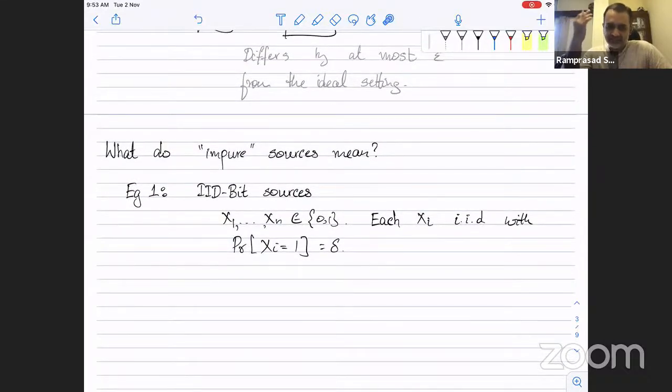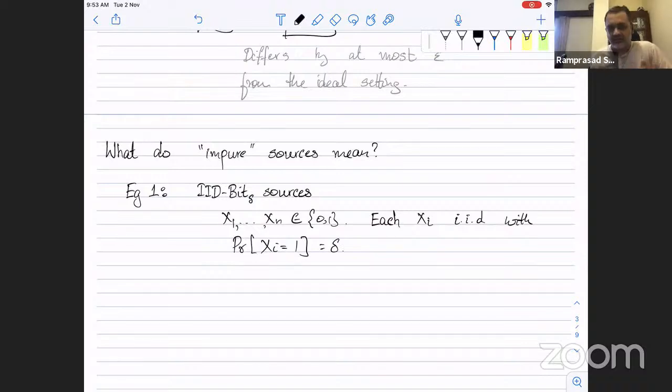Okay. So the first example to think of is probably what are called IID bit sources. Often people write a parameter delta, because the definition naturally has one such parameter. They are IID bits, except the bits are not uniform. That is, each bit is like a biased coin that turns up heads with probability delta.